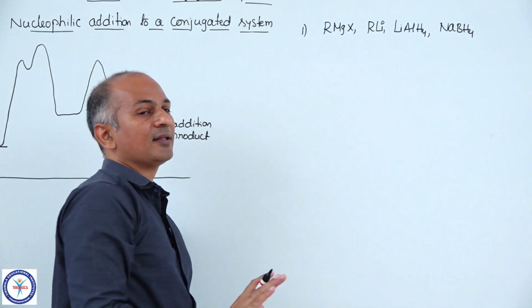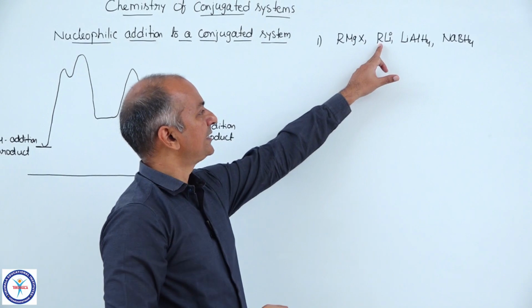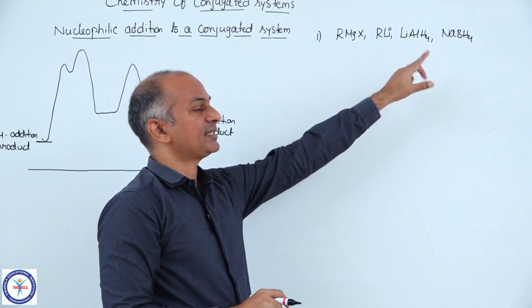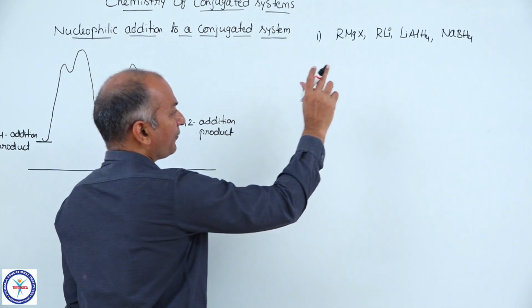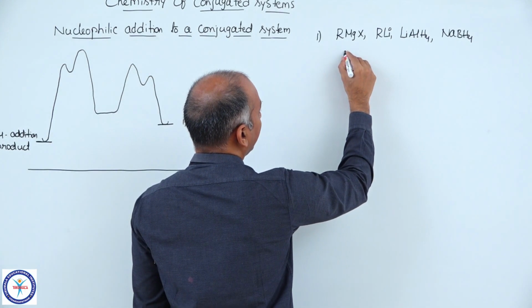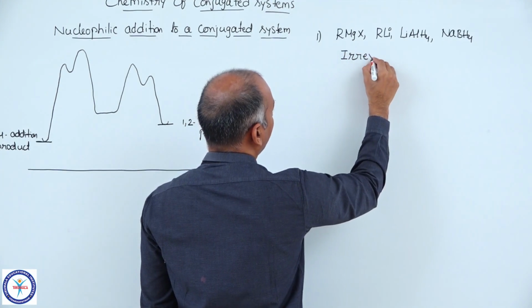Actually, all these nucleophiles are very strong. R minus in the first 2 cases and H minus in the second 2 cases. They are strong nucleophiles. So in these 4 cases, 99% of the time, the conditions are irreversible.